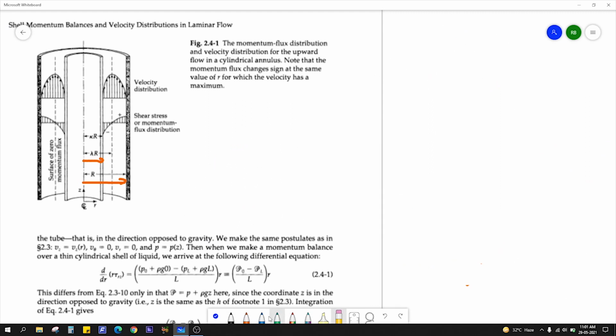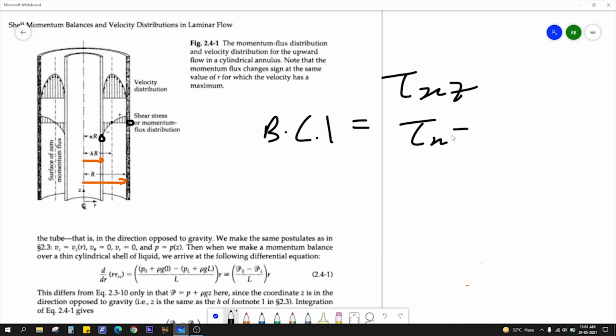There will be three boundary conditions. Boundary condition 1: shear stress will be maximum at the walls. We have wall 1 here, wall 2 here. Where is it minimum or 0?